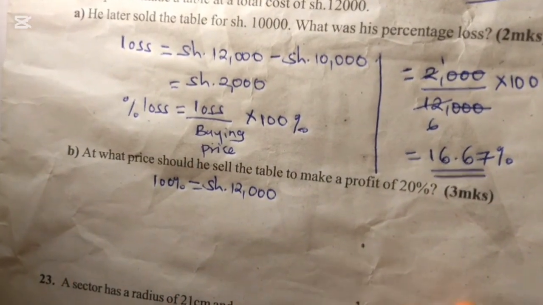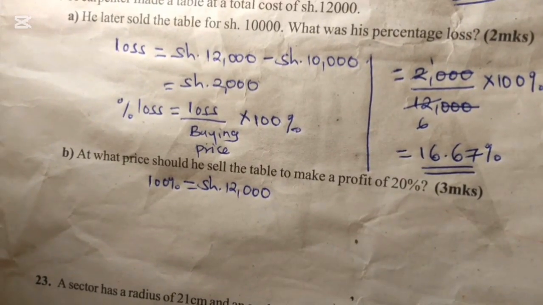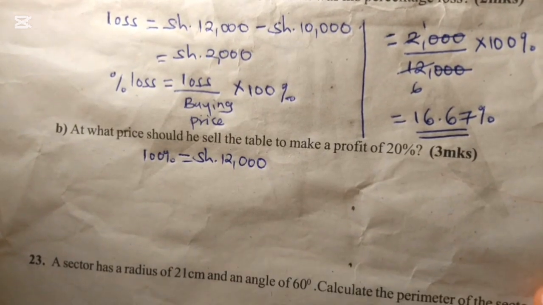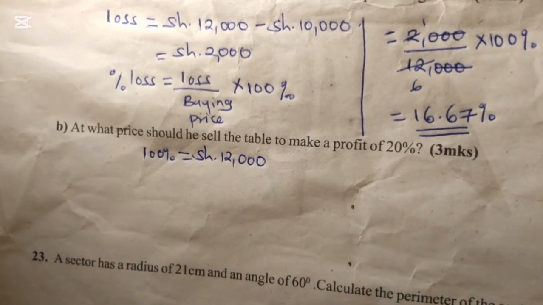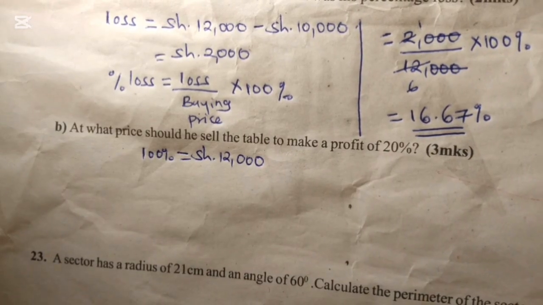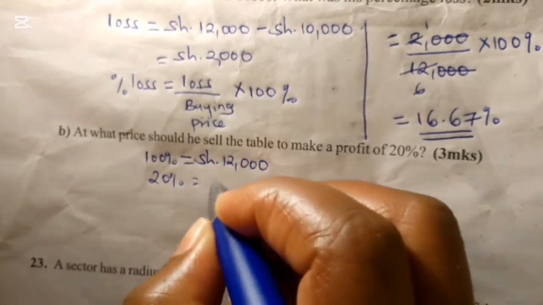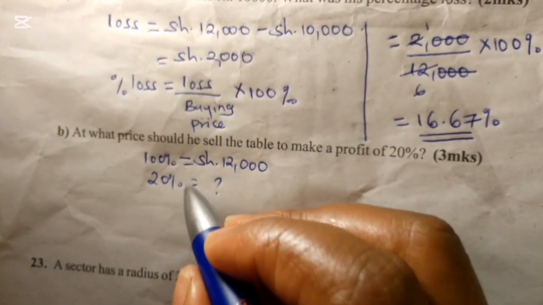So you can ask yourself, what about 20%? Then you later add that to 12,000 shillings. Again, you can also ask yourself about 120%, and that will be the final answer. So let us talk about 20%. In this case is equal to how much?